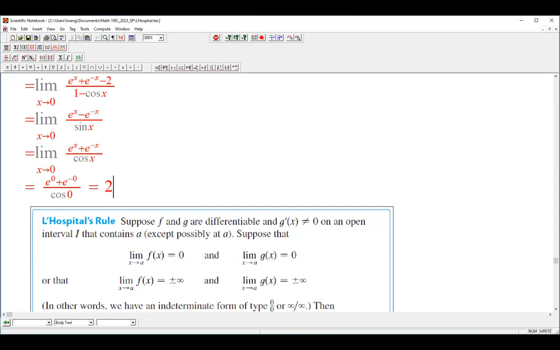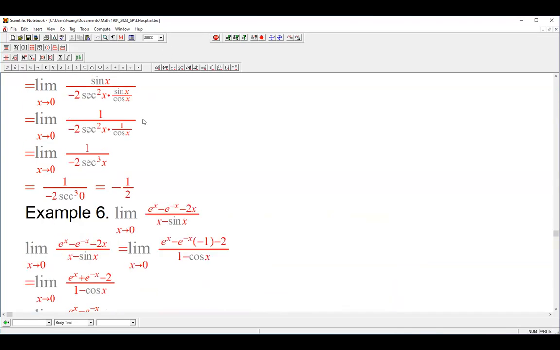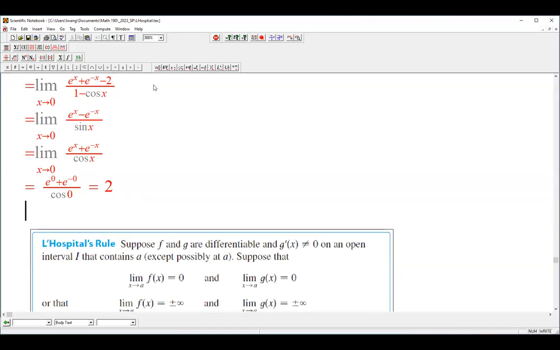Next, let's look at some... I think we can look at this number 44. So this will make it example number 7. Example number 7. Okay. Number 7, we have this limit.